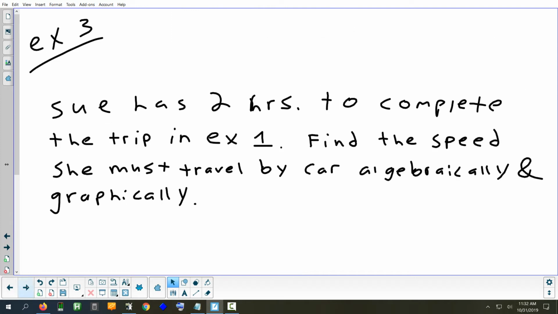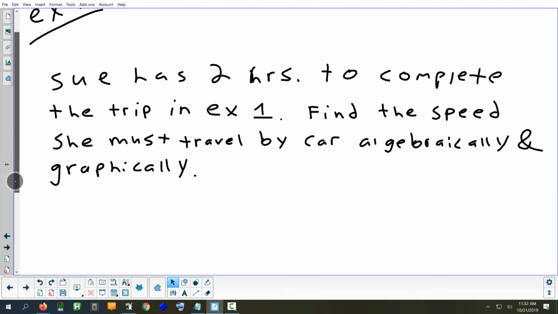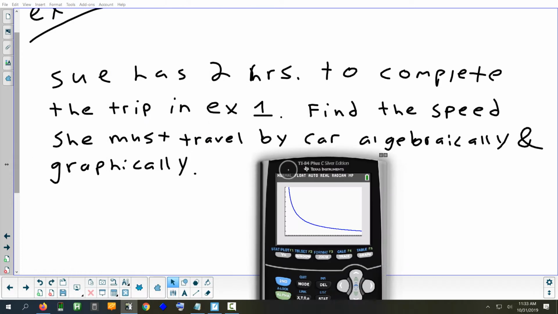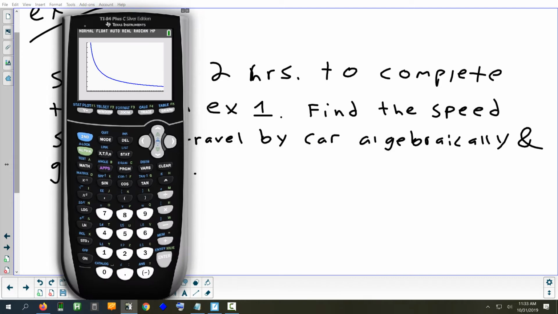Now it says Sue has 2 hours to do this trip. How would I figure out, using a calculator, how fast she has to drive to do this trip in 2 hours? And again, this is the kind of thing we've done before. Yep. You graph a line at 2. I'm going to put a line at 2.